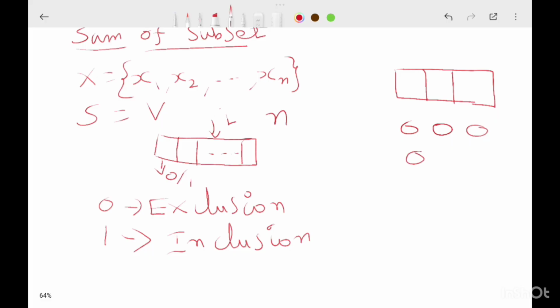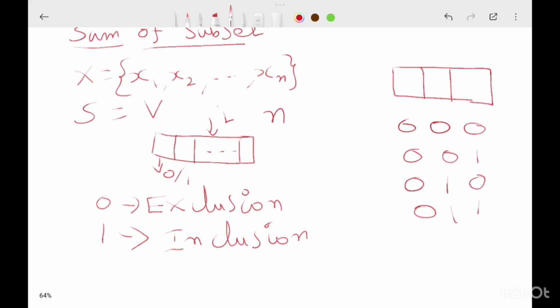Another one is 0, 0, 1. So this means only the last element is included in the result set. That means only the last value in the given input is taken, and so on. It means 0, 1, 0, 0, 1, 1.